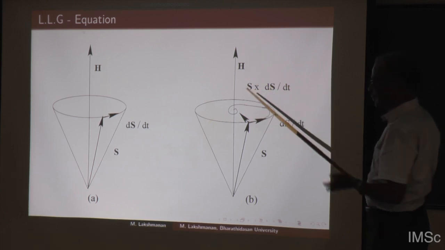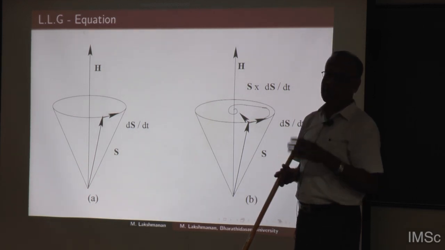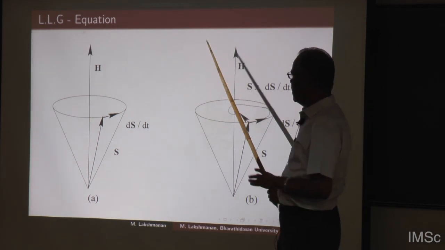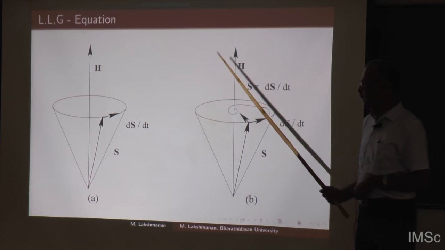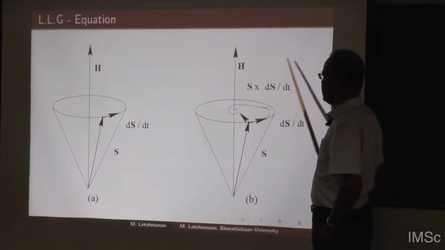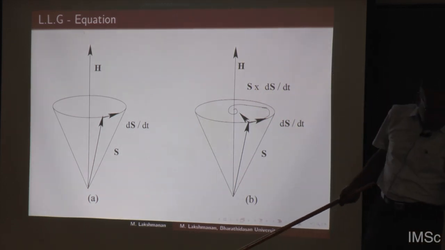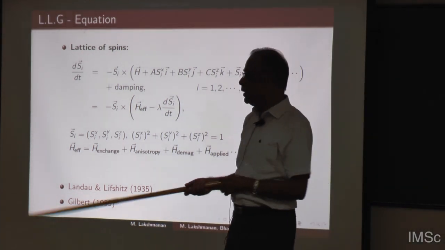This is also a fact coming from hysteresis experiments: beyond a critical magnetic field, the spin is uniform and aligns parallel to the magnetic field. To take this into account, the term S cross dS/dt is the appropriate term. This is also called Gilbert damping.